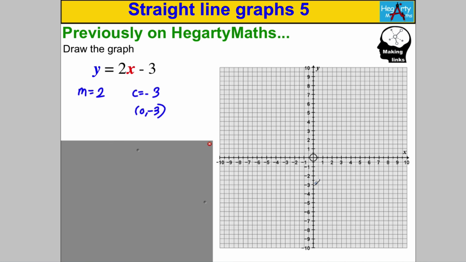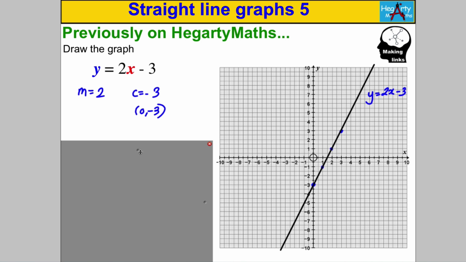So start at 0, -3, and using the gradient of 2 means as you go right 1 you go up 2, as you go right 1 you go up 2, and so on. And you have yourself your straight line like that, which you can just continue onwards here. And at the end, just state what the straight line is. It's y is equal to 2x subtract 3, and you're done.